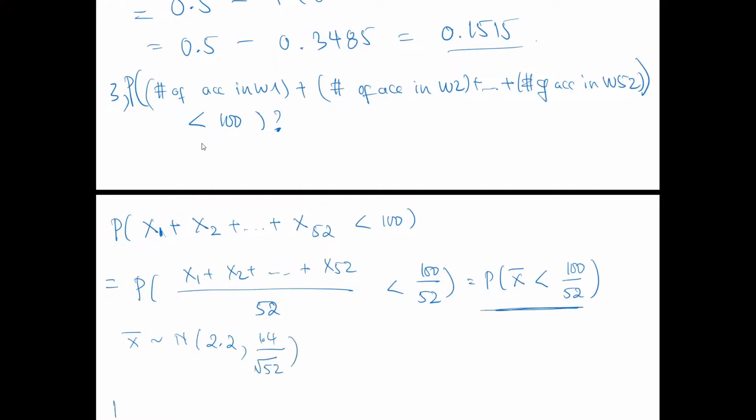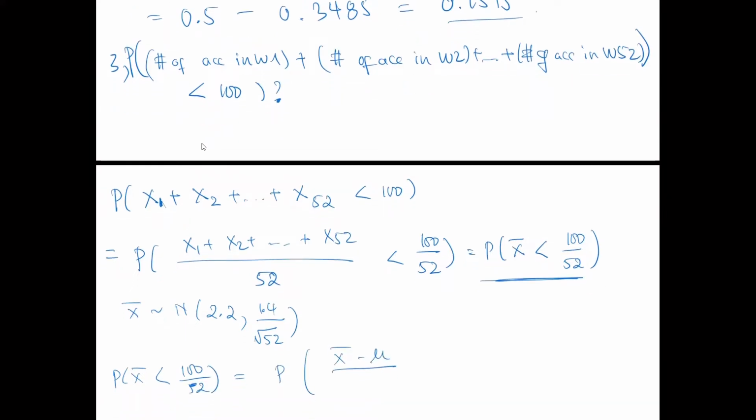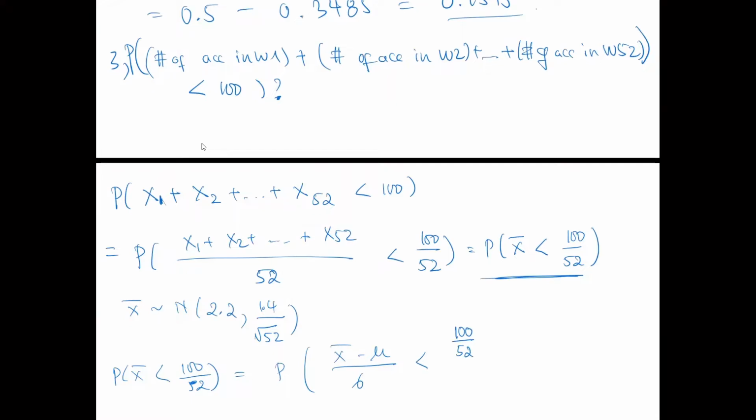So I can standardize X bar: X bar minus the mean of X bar divided by the standard deviation of X bar, less than 100 divided by 52 minus the mean of X bar, 2.2, and divided by the standard deviation of X bar, 1.4 divided by square root of 52.